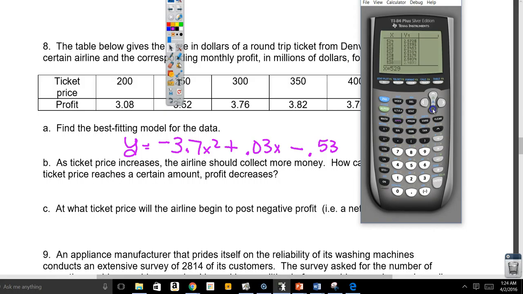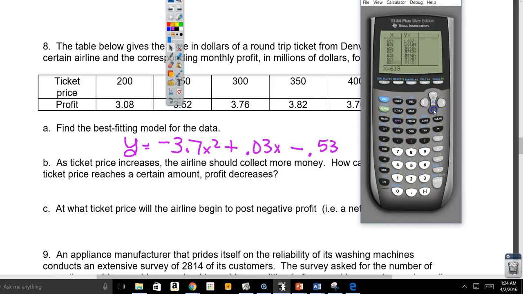We're still at a profit of 2 point something. So now we're getting there somewhere. We're getting closer. 1.5, 1.3, 1.2.